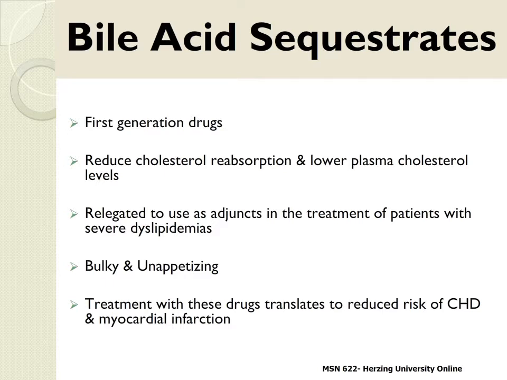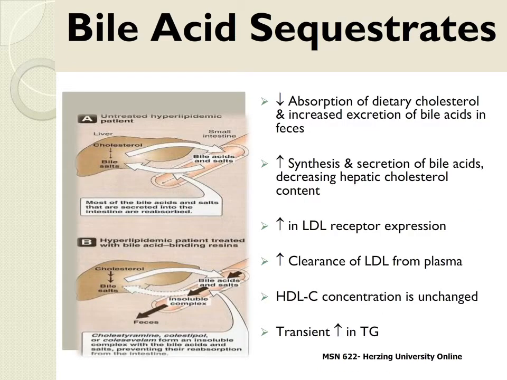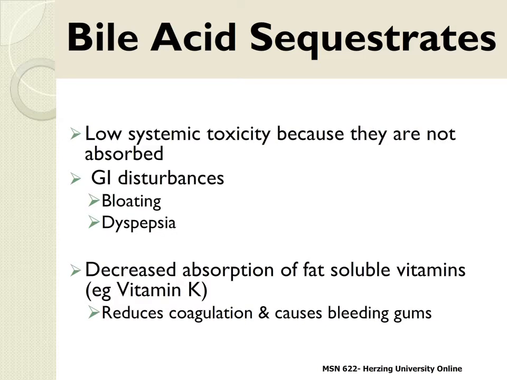They are basically used as an adjunct in the treatment of patients who have severe dyslipidemias. So your dietary cholesterol absorption goes down, your bile acid excretion goes up, there is an increased synthesis and secretion of bile acids, LDL receptor expression in the liver goes up, it clears LDL from the plasma, however there will be an increase in triglycerides.